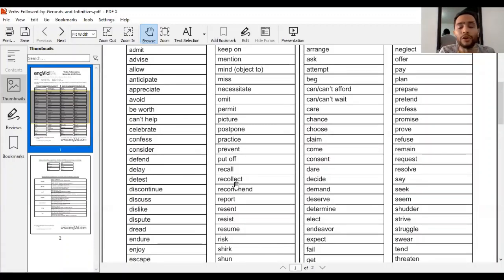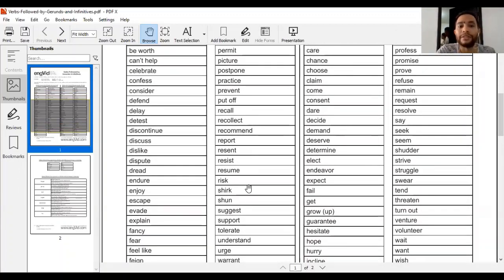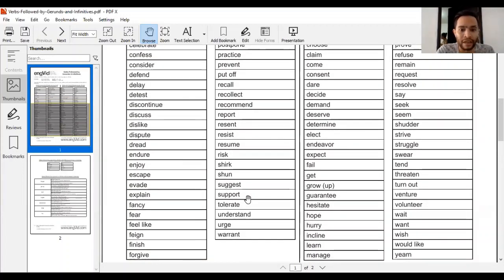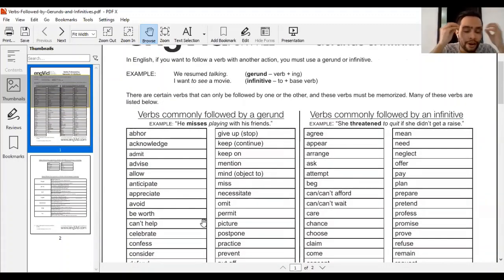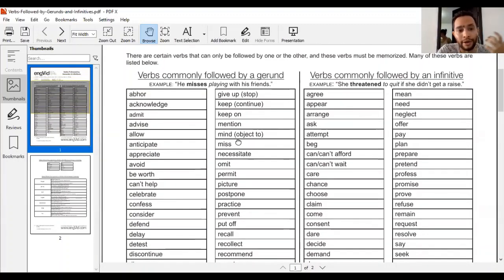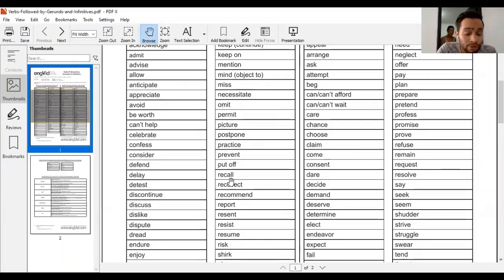Or I put off going to the stadium, or I resume talking to you, or I cannot tolerate talking to you, for example, right? So that's what I want you to do. Try to practice. It's not only learning them by heart from this group. Yeah, you can do it like that.